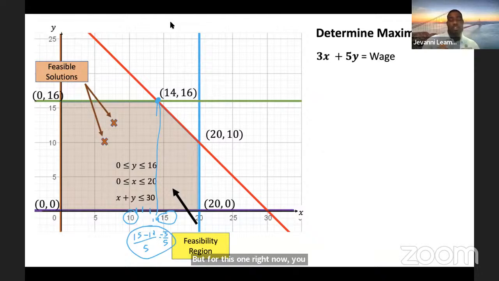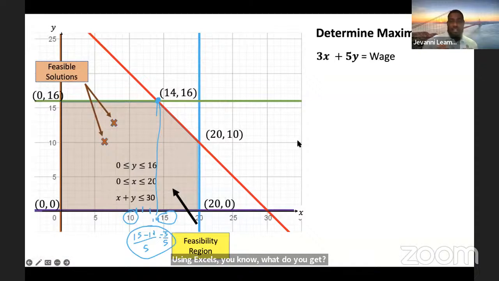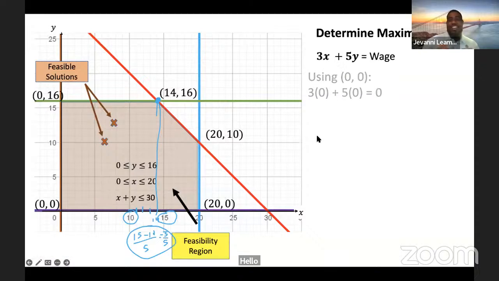All right. So using 0, 0, what do you guys get? Using x as 0, y as 0, what do you get? 0. Okay, 0, 0, 0. All right, cool. The next coordinate I want you all to use is 0, 16. Tell me what you get.